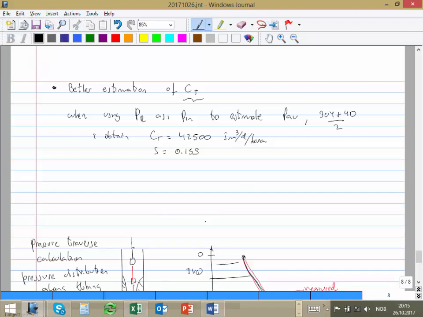Now I repeat my calculation. The equilibrium PWF is actually 84.378 bar. That is way different than 304.